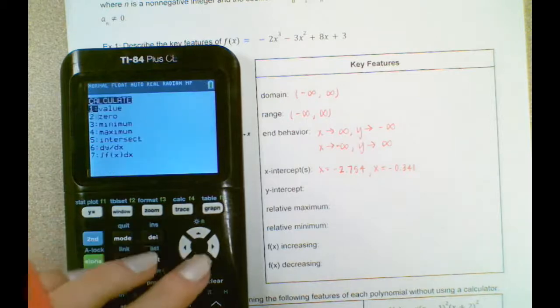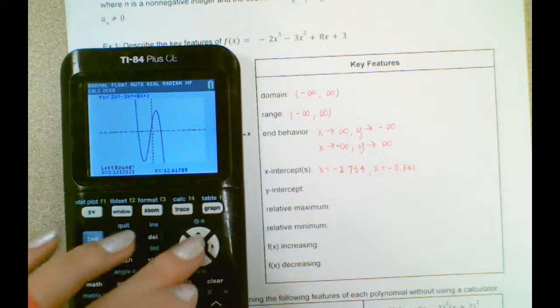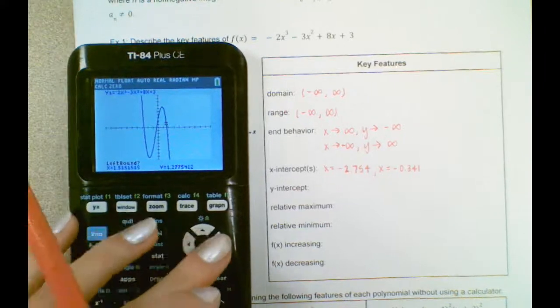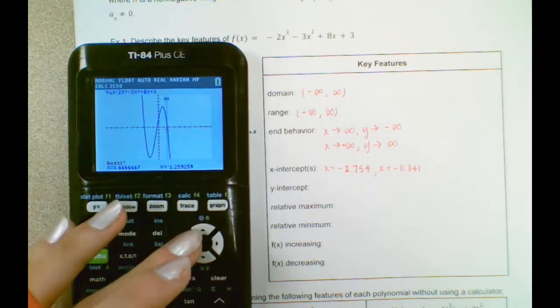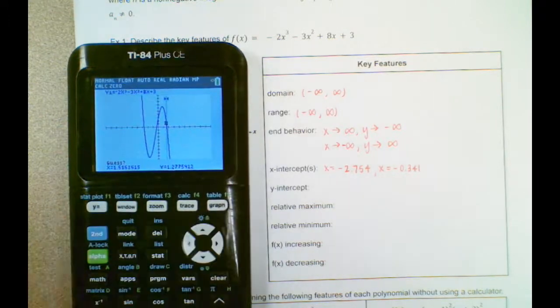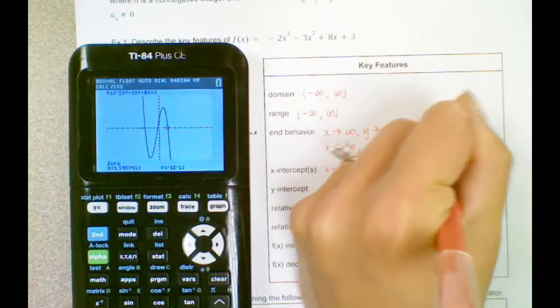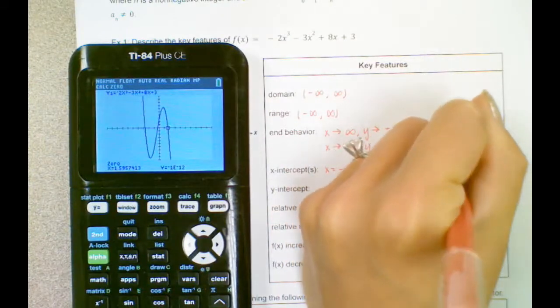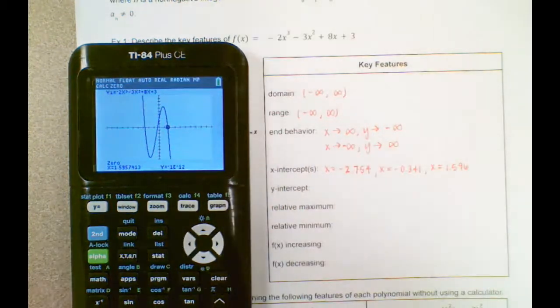Second trace, zero. This is where I think that one is, so left, to the right of it, guess. Sometimes it's not going to be perfect, but it will take you back down there. So x equals 1.596, right, 1.596, yep, okay.